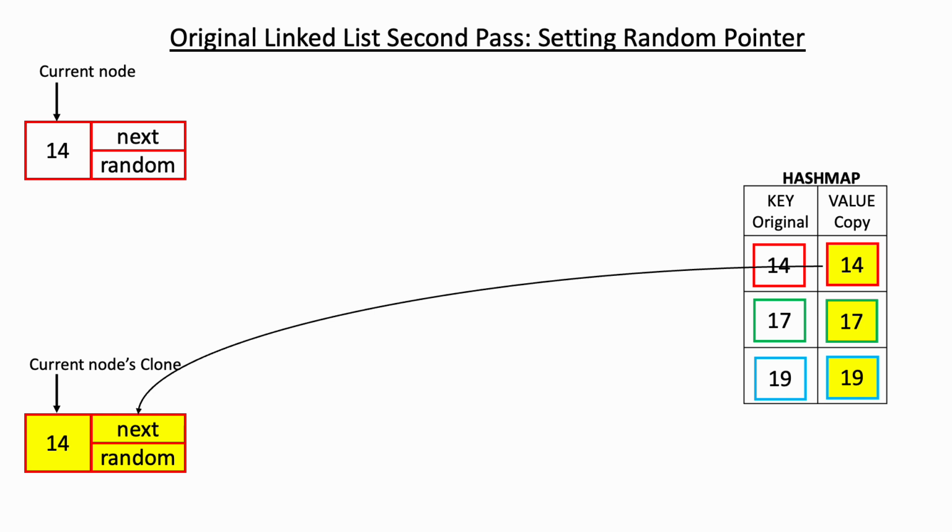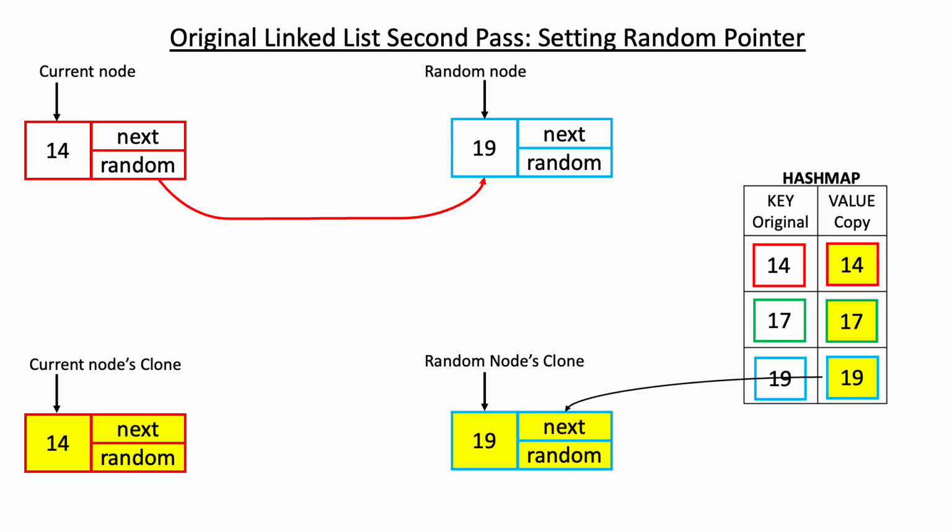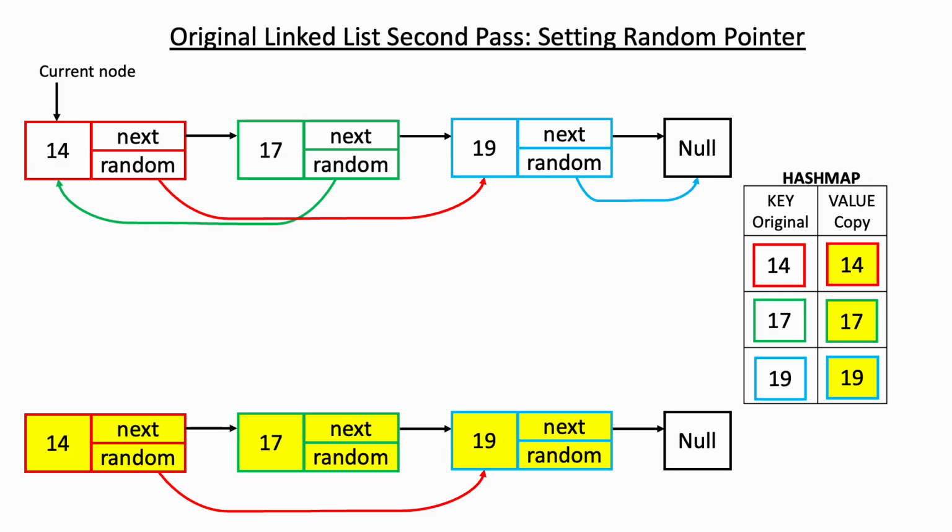Next, we get the random node from the random pointer of the current node. Then we get the random node's clone from the hash map. Now we make the random pointer of the current node's clone point to the random node's clone. This is the state we will be in after setting the random pointer of cloned yellow node 14.